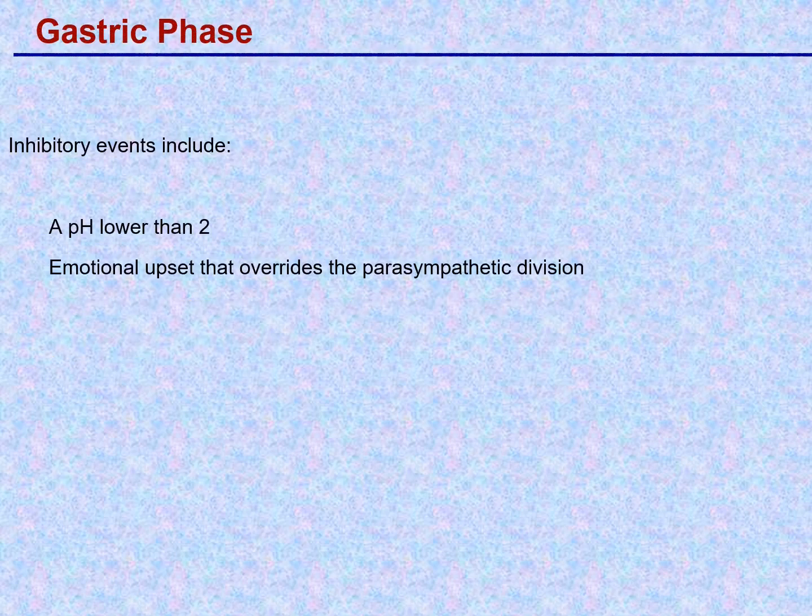The gastric phase can be inhibited if the pH remains at a low level, at 2 or even lower. If the person is upset, or as I said before, depressed, all that can override parasympathetic activation, which is required for gastric phase.